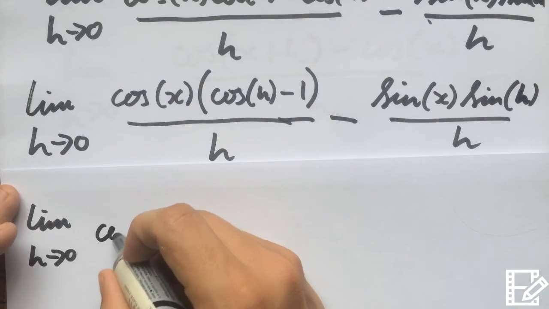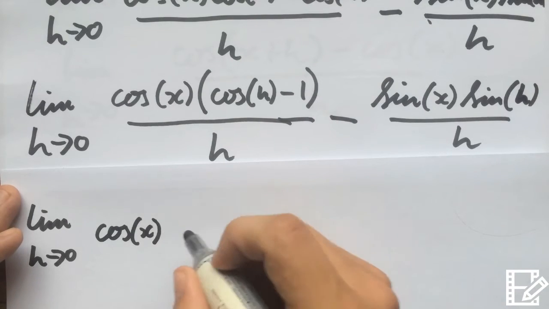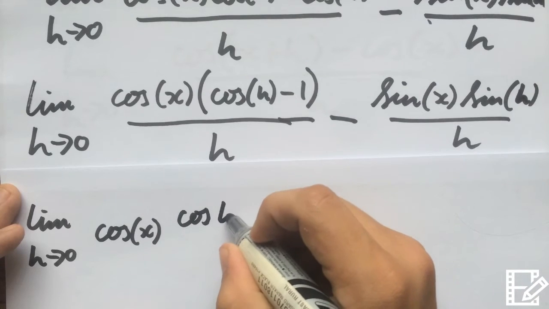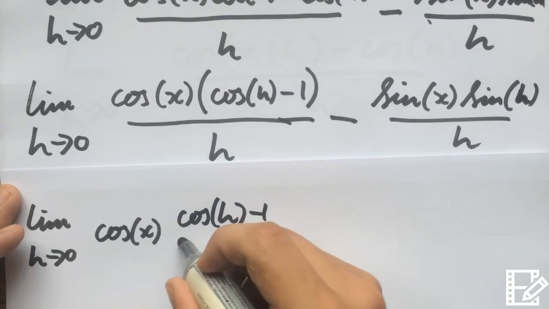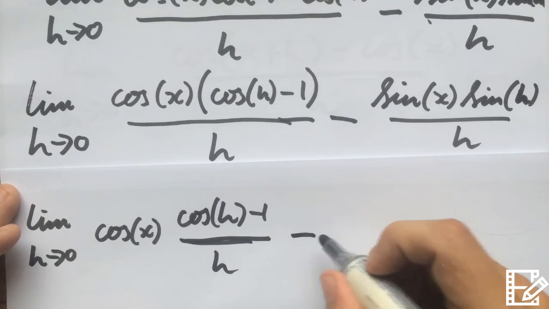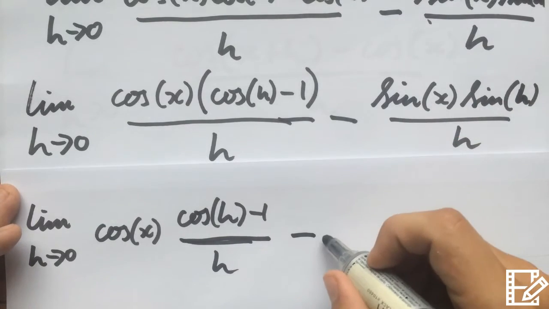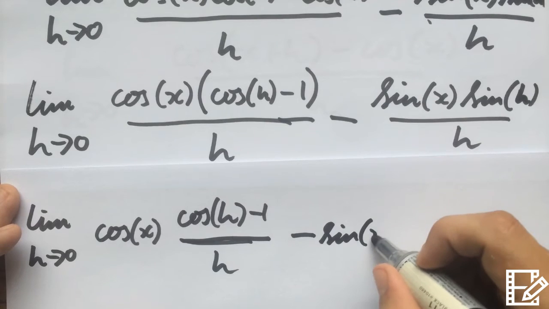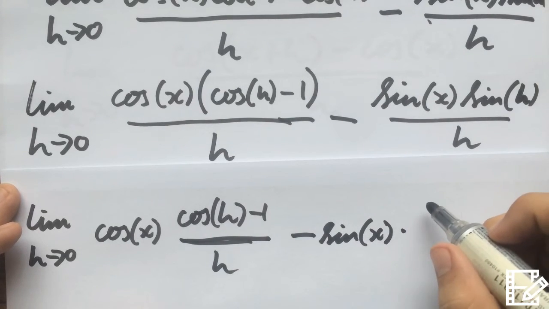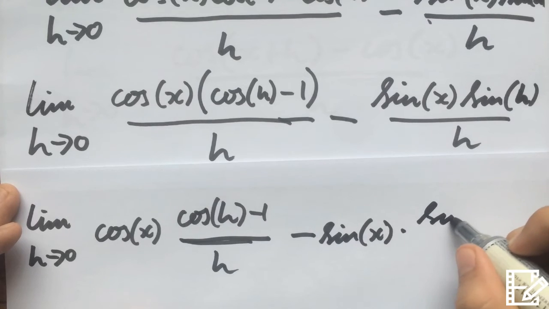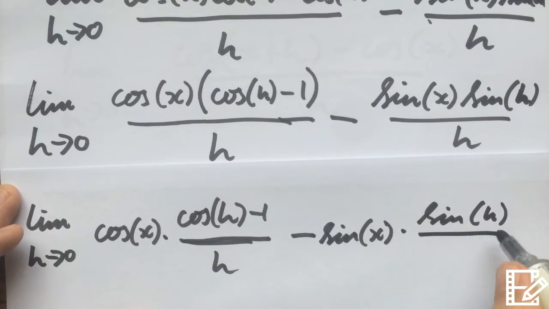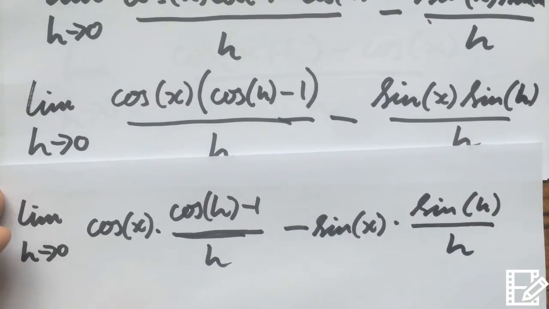So we have cos x multiplied by (cos h minus 1) over h, minus sin x multiplied by sin h over h.